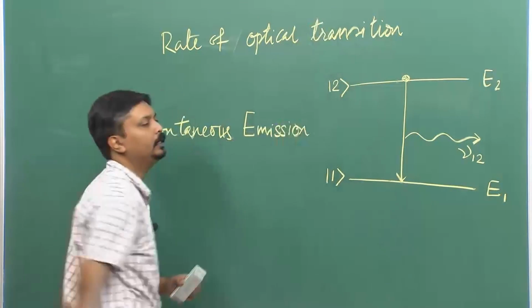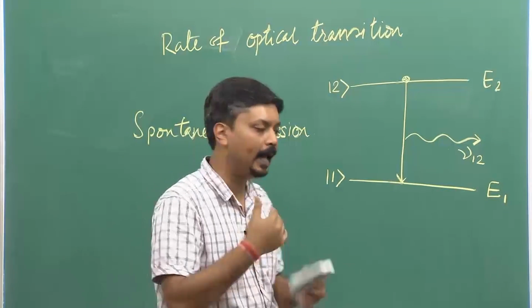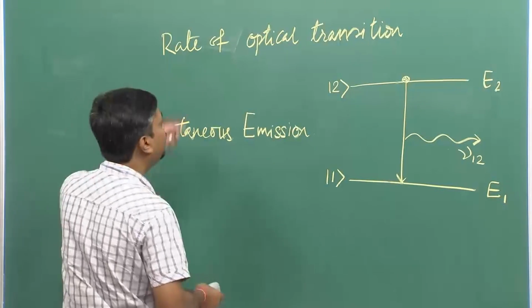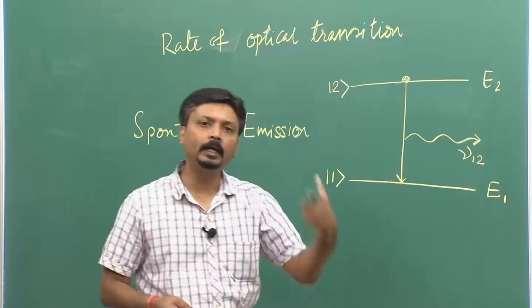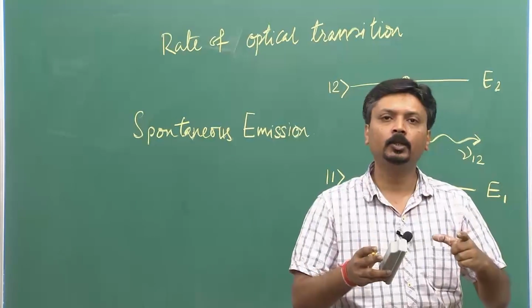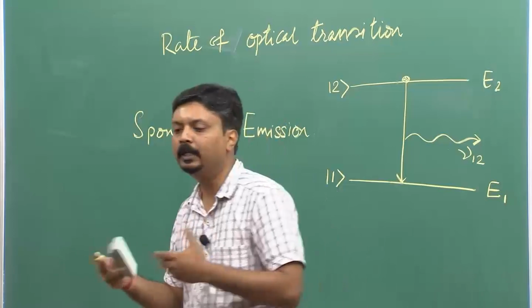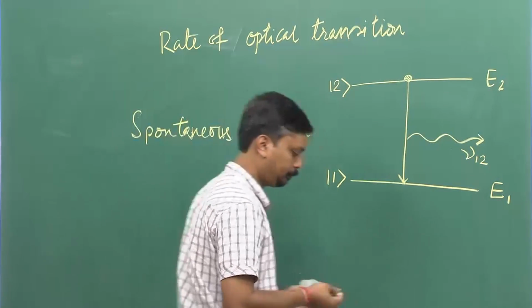Any given optical transition, we need to know at which rate it is happening. Then we will be able to understand these processes a bit more, and also we will be in a condition where we can manipulate this transition so that we can get something useful, something like a laser. Okay, we will learn that in a bit.